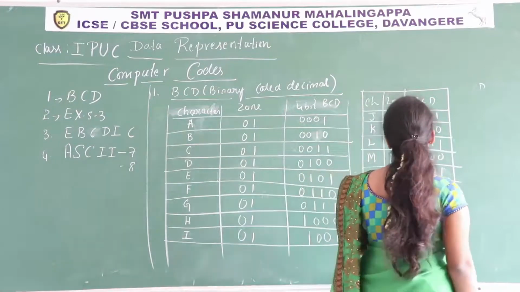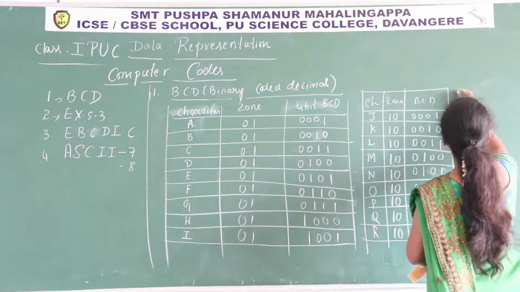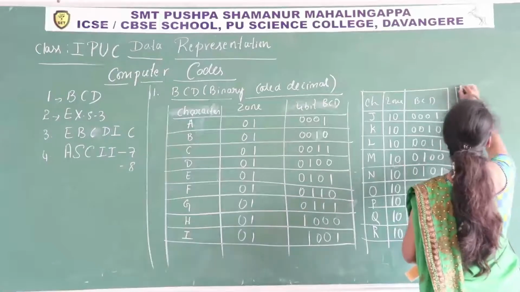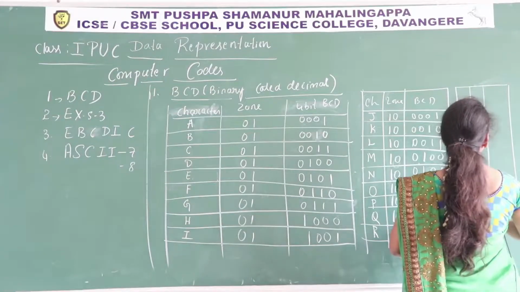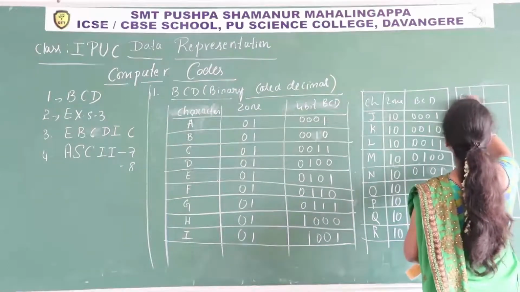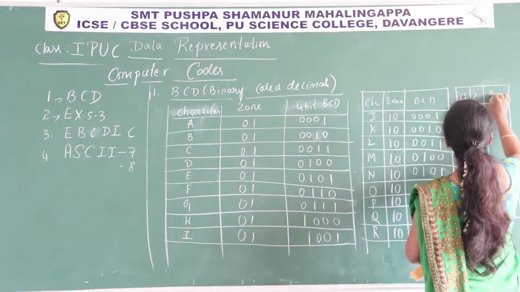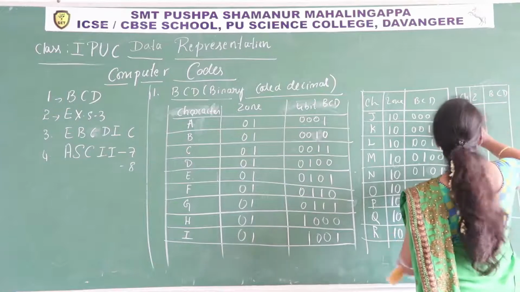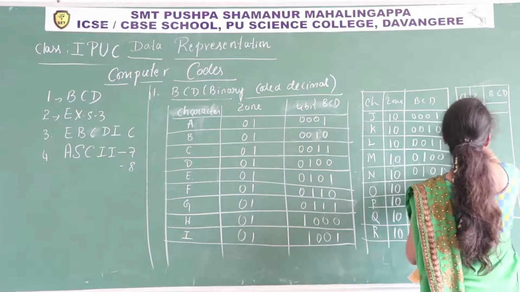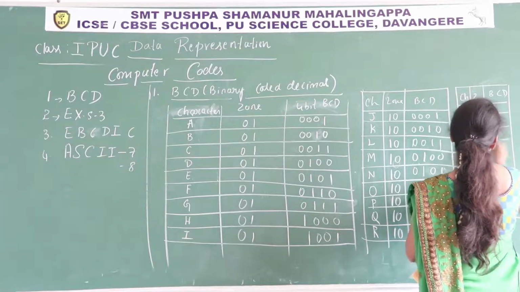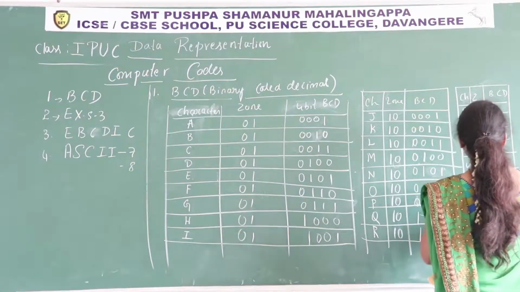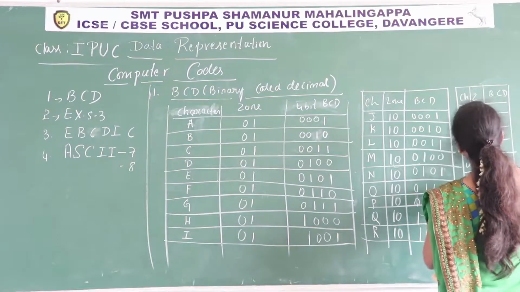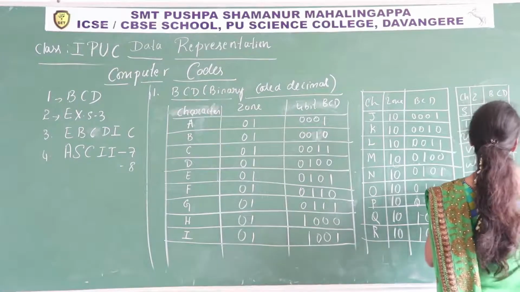Now the remaining 8 characters: character, zone bit and BCD. S, T, U, V, W, X, Y, Z, numbered 1 to 8.